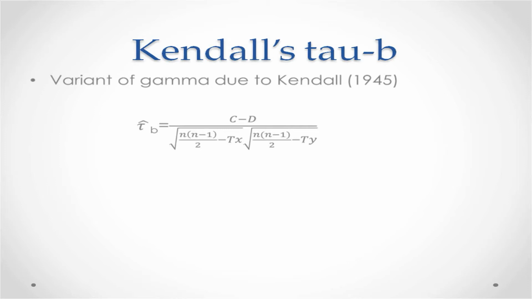In its sample form, it is given by tau b hat equal to C minus D by square root of n into n minus 1 by 2 minus Tx, into square root of n into n minus 1 by 2 minus Ty. Tx and Ty are, of course, the number of ties on the x variable and the y variable.